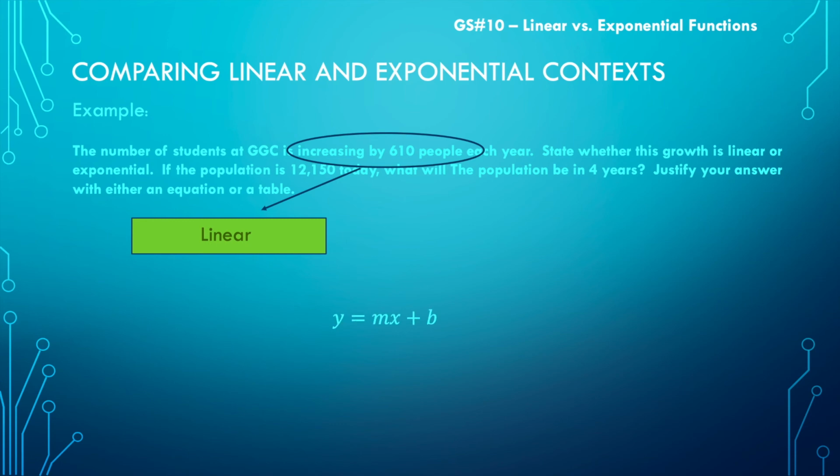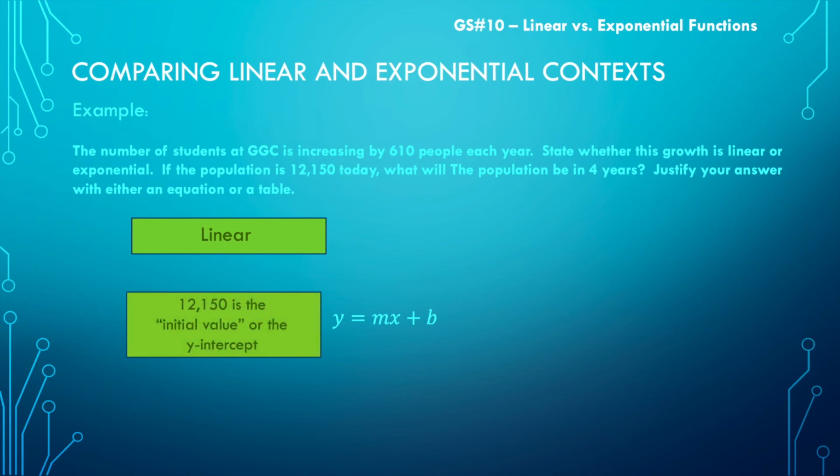So then we can say, okay, we need to know the rate of change, the slope, and the initial value. So our initial value we know is 12,150. That's our y-intercept. Okay, and then if I'm dealing with the rate of change, it's increasing by 610 people per every 1 year.